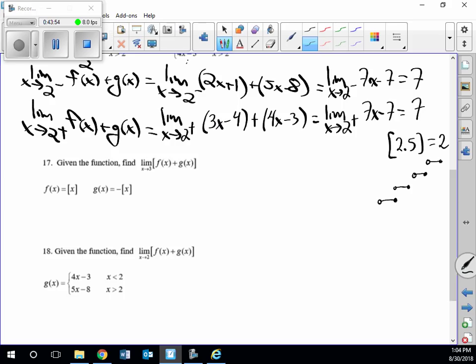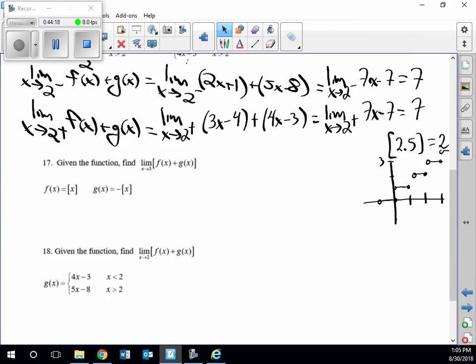And so it's obviously broken in a lot of different places. And if I take the limit, say at 3, so here is 1, 2, 3, we'll see that coming from the left, the value of the greatest integer is 2. Whoops, I've drawn my axes a little bit off.